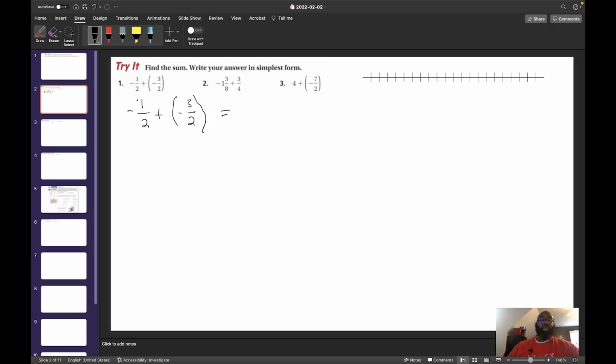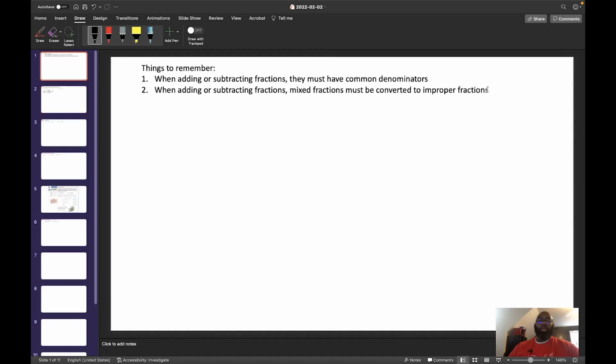You see there's no mixed fractions here, so we can go ahead and add these fractions. The first thing we do is look at a denominator. When you're adding or subtracting fractions, your denominator stays the same. So I'll put that here as one of the things to remember.